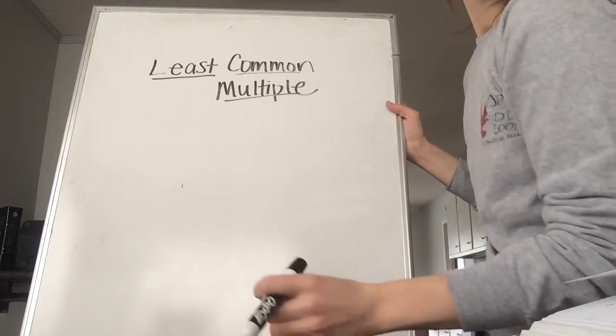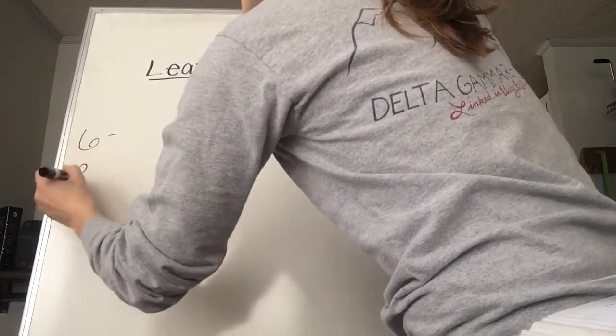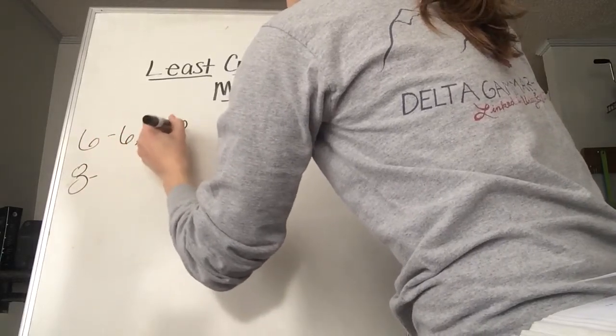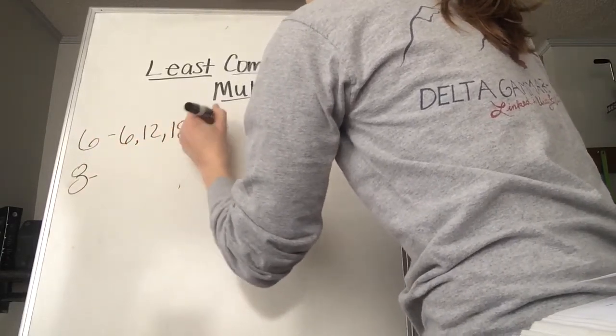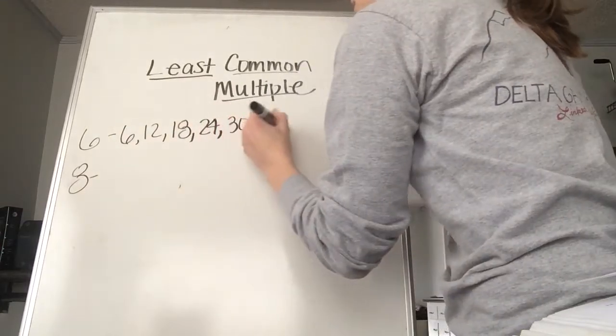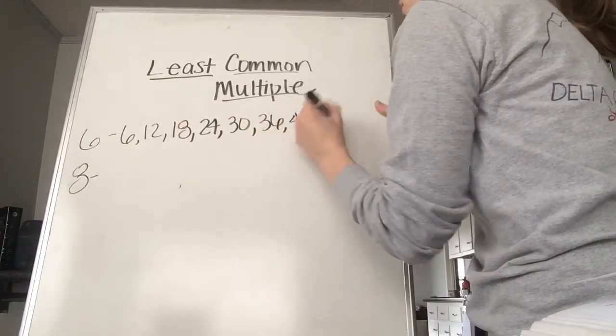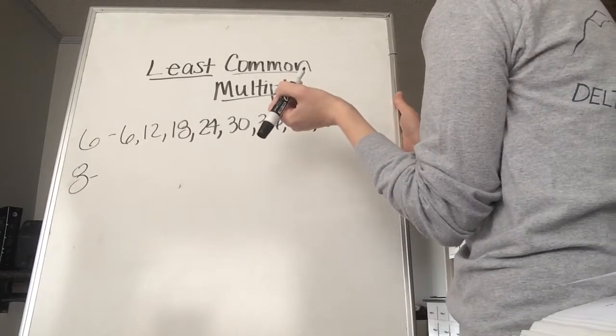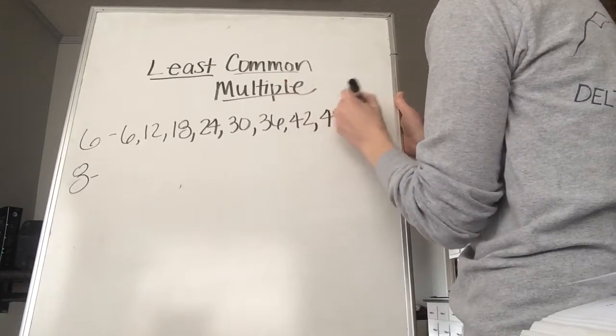Okay, so number 6 and 8. Okay, so we just did 6, but we'll write those out again. So 6, 12, 18, 24, 30, 36, 42, 48, and 54.